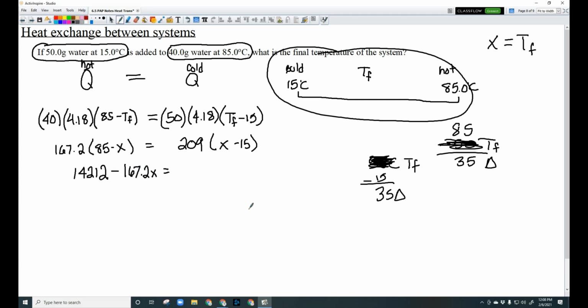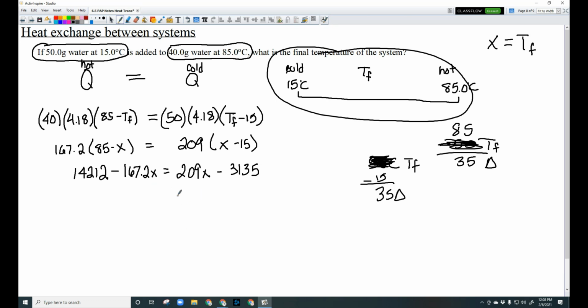Now that's going to be equal to, all right, so here we have 209X. Okay, and then positive times negative is going to be a negative. So 209 times a negative 15, that's going to be negative 3135. Okay, so now we have that down to there.